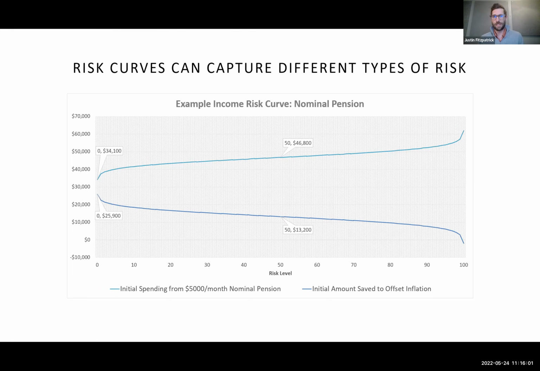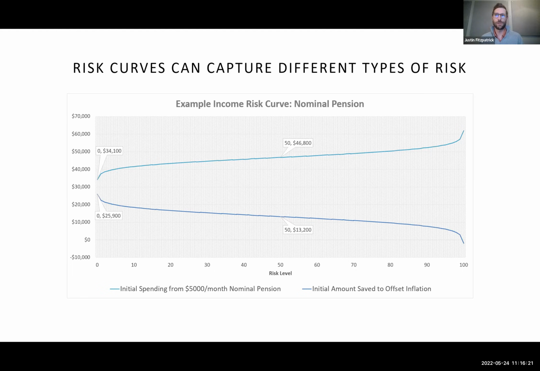We see at different risk levels the amount that these folks would spend from that $5,000 a month and the amount that they would save, or I guess these numbers are actually annualized. And that savings in this example would go into a 20/80 portfolio, so 80% bond.